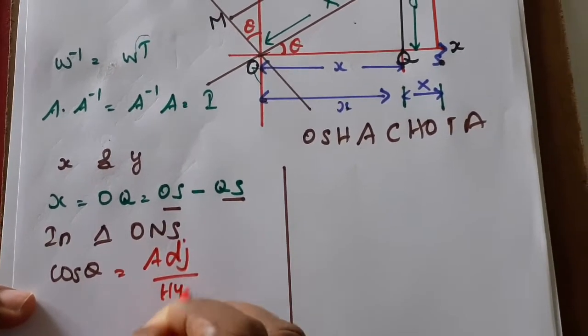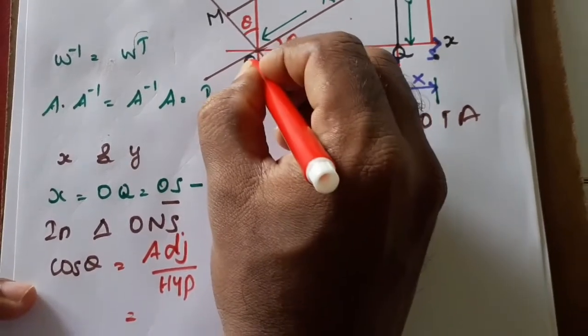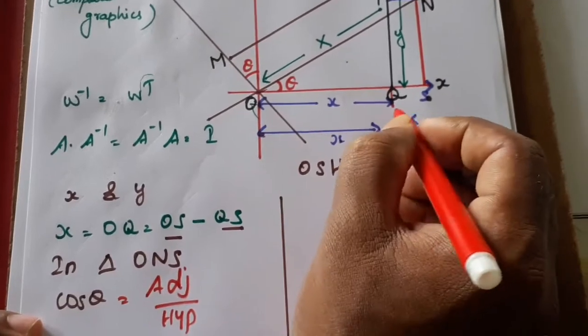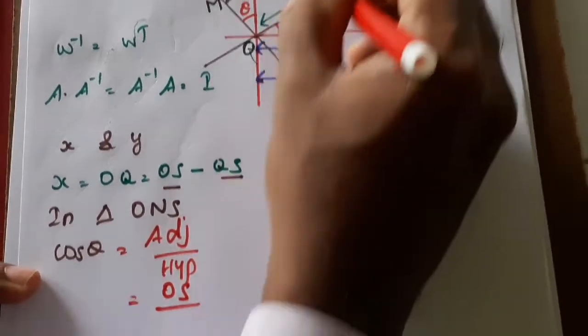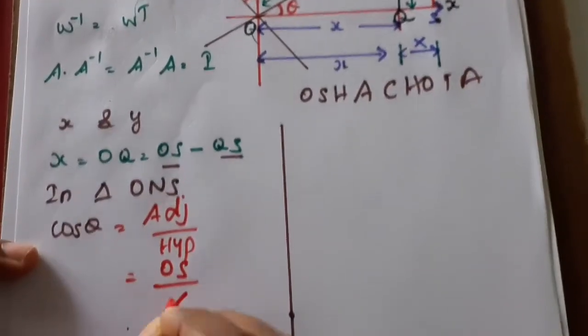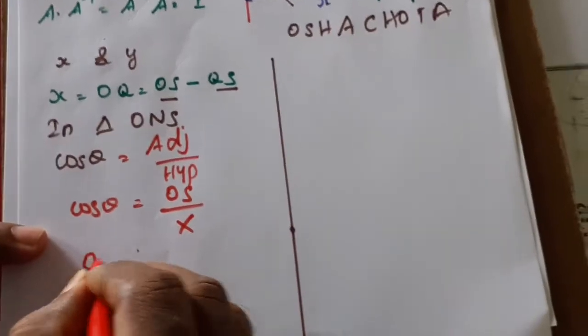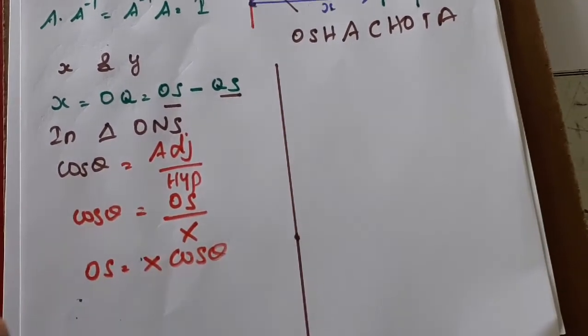Adjacent is OS, divided by the hypotenuse, which is capital X. Therefore OS is equal to capital X cos theta.